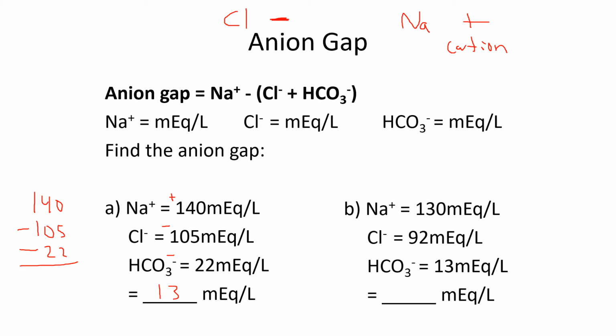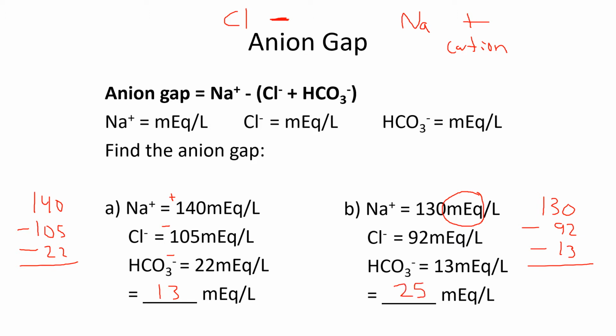So for B, what would be your anion gap? How much negative charges are you short by? What'd you get for B? 25, all right.